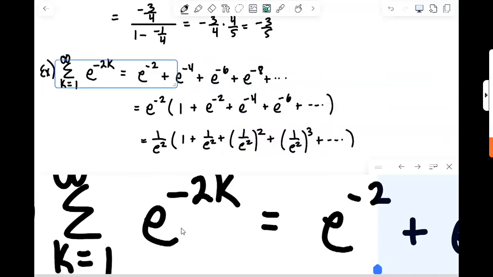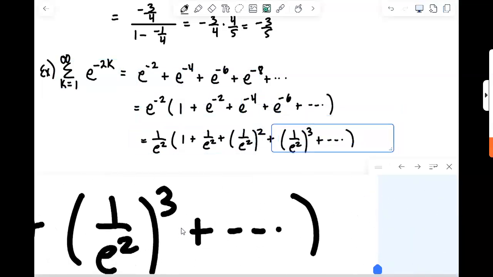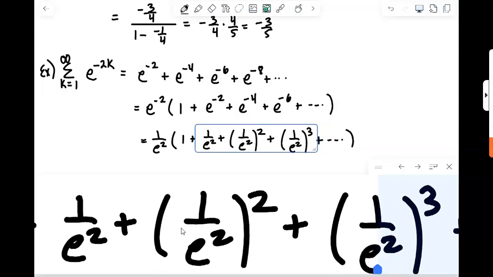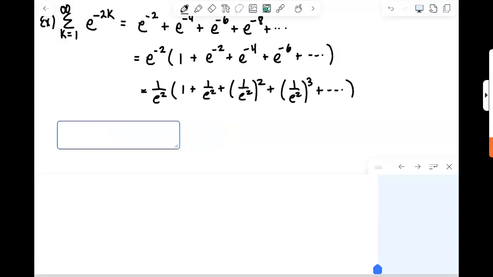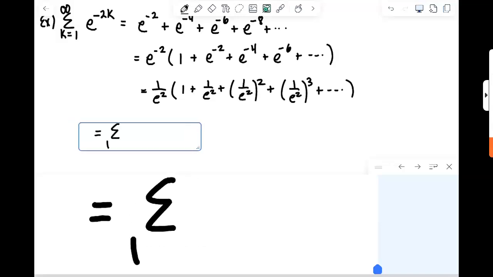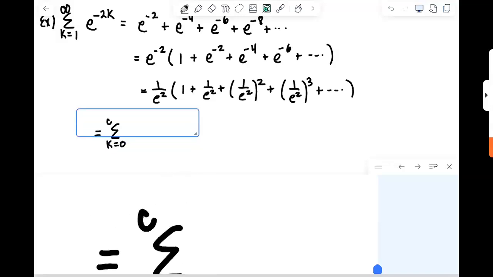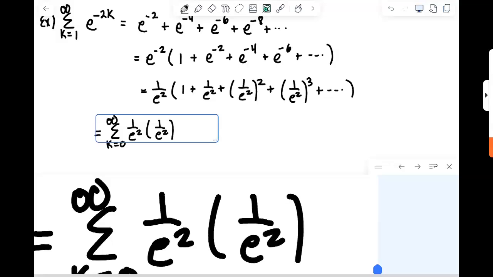So it turns out we're dealing with a geometric series where a is 1 over e squared, and the ratio is also 1 over e squared. Okay. So now we can express this in terms of a geometric series starting at 0. So this is the sum as k goes from 0 to infinity of 1 over e squared times 1 over e squared raised to the k power.